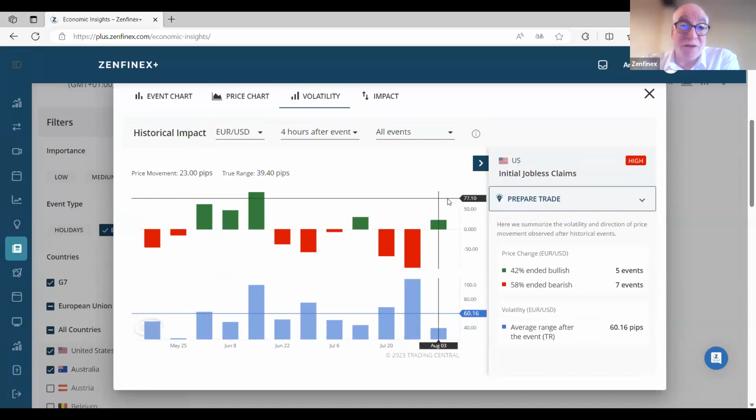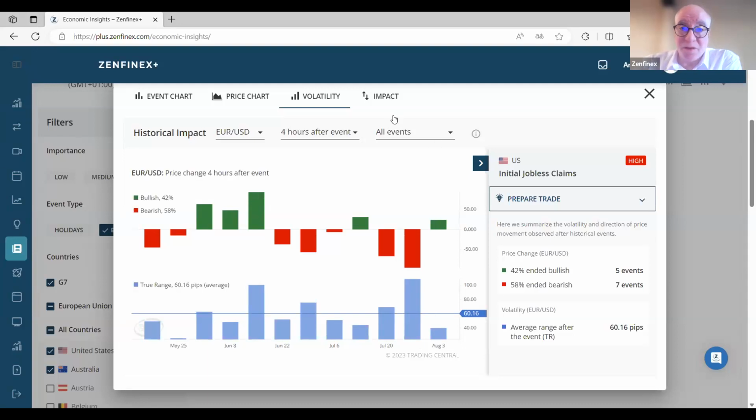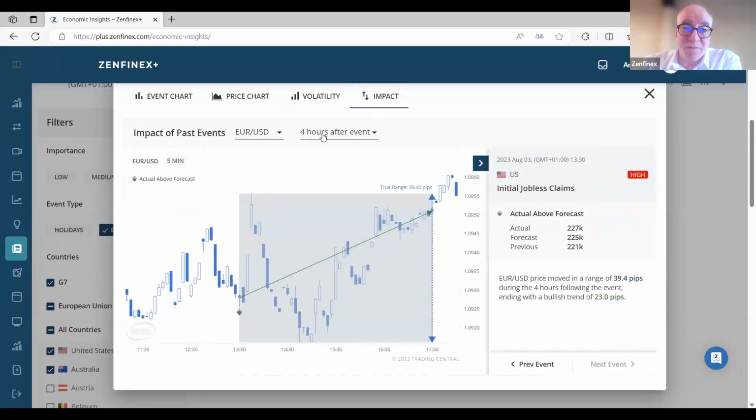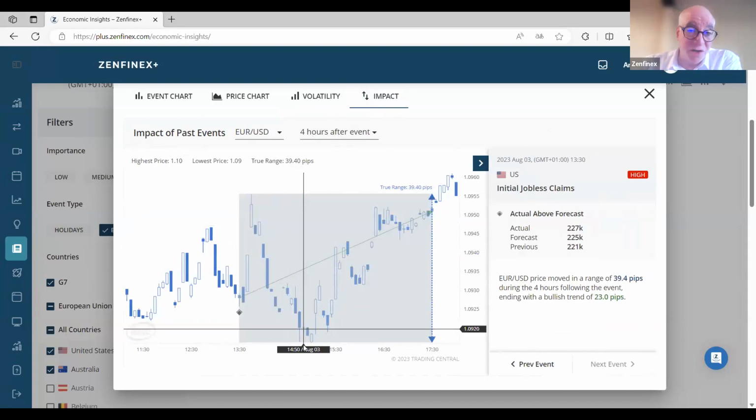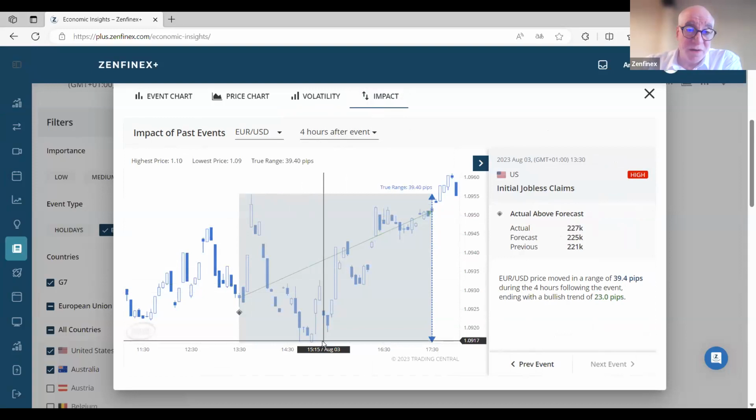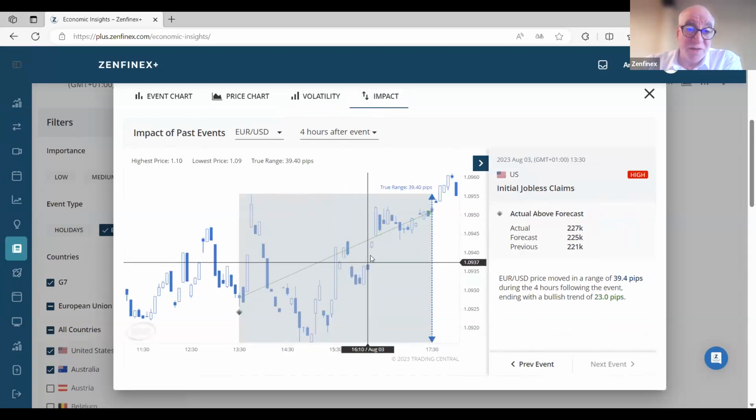So you can start building up a little bit of a picture to see how you're going to trade news. In fact, indeed, if you do trade news, right? So if you don't trade news, you step away, let the news play out, and then you can decide thereafter. Again, if I go back to impact, 4 hours after jobless claims, it has this initial volatility, right? And then it started finding its direction, it even gapped up and then continued its direction.